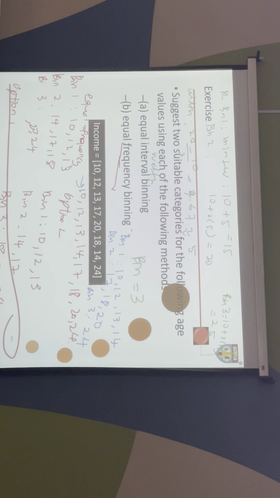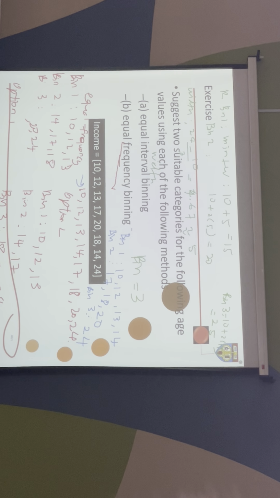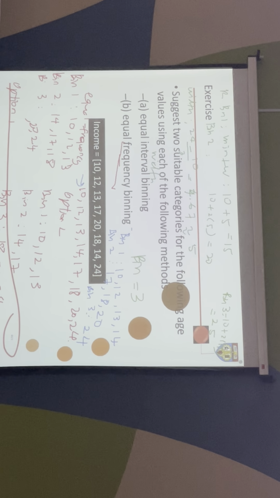So comparing equal width binning and equal frequency binning, based on this data set, which one is more suitable? Equal interval or equal frequency?